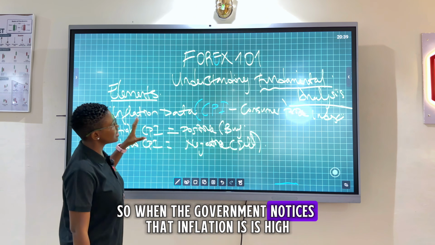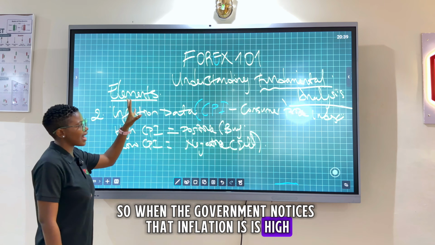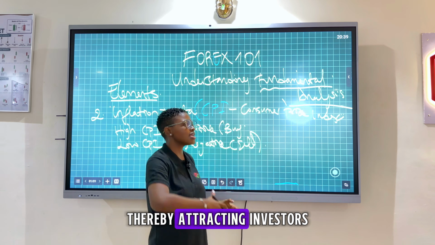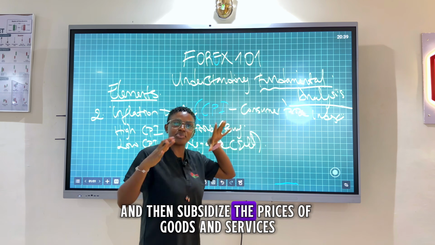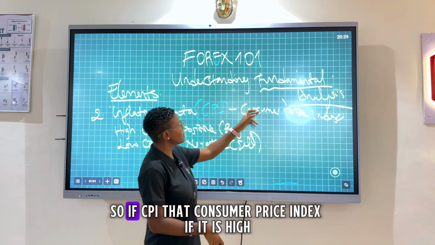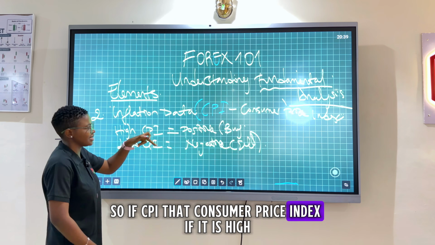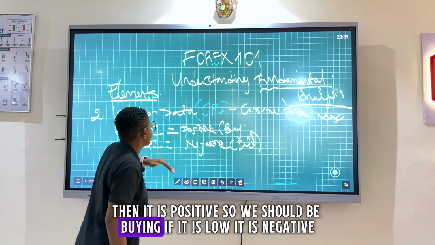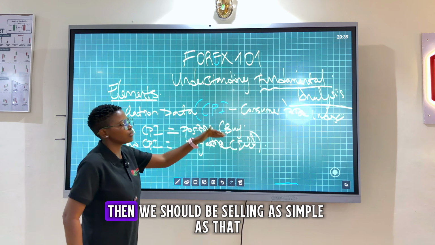When the government notices that inflation is high, the government will increase interest rate, thereby attracting investors and then subsidize the prices of goods and services. So if CPI, that's consumer price index, is high, then it is positive, so we should be buying. If it is low, it is negative, then we should be selling.